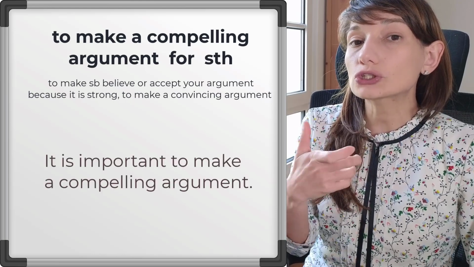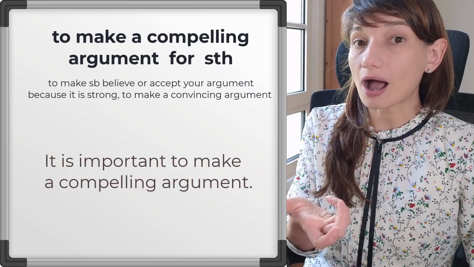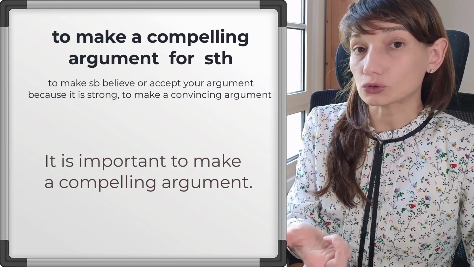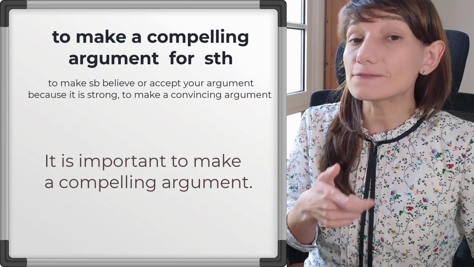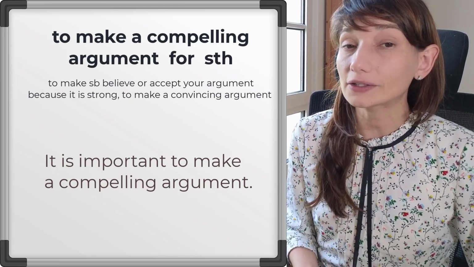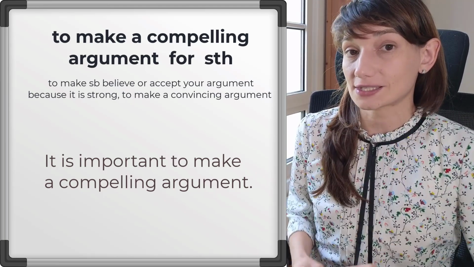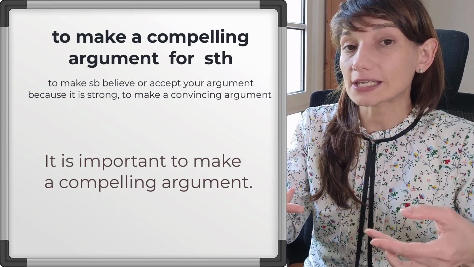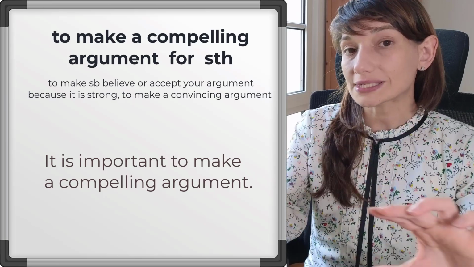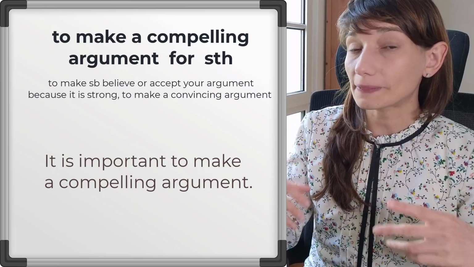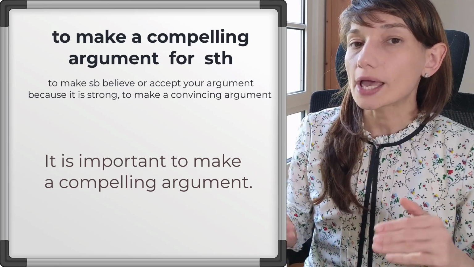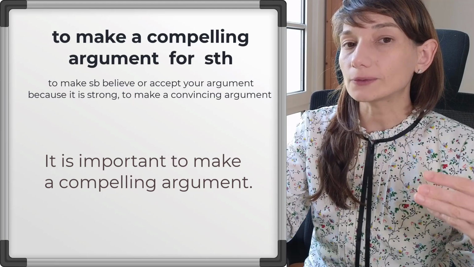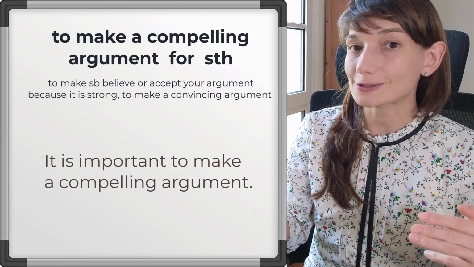It is important to be able to make a compelling argument. If you make a compelling argument, you convince somebody. So compelling means convincing. Once you present a compelling argument, the person who listens to you will see your point and will see that your argument is reasonable.